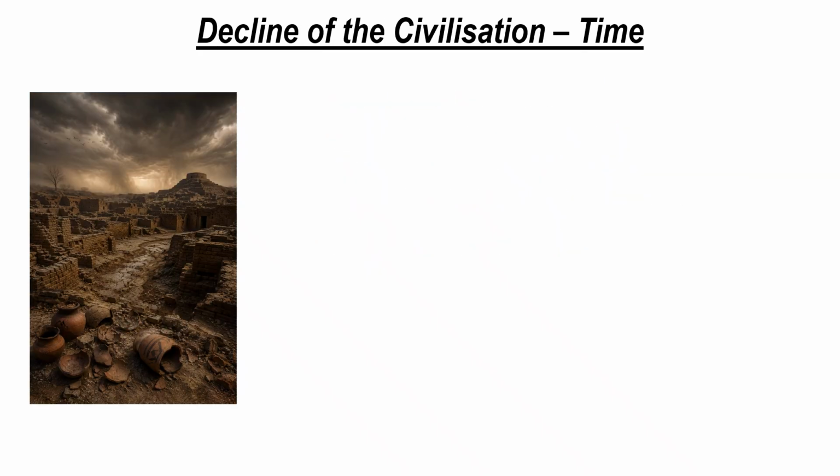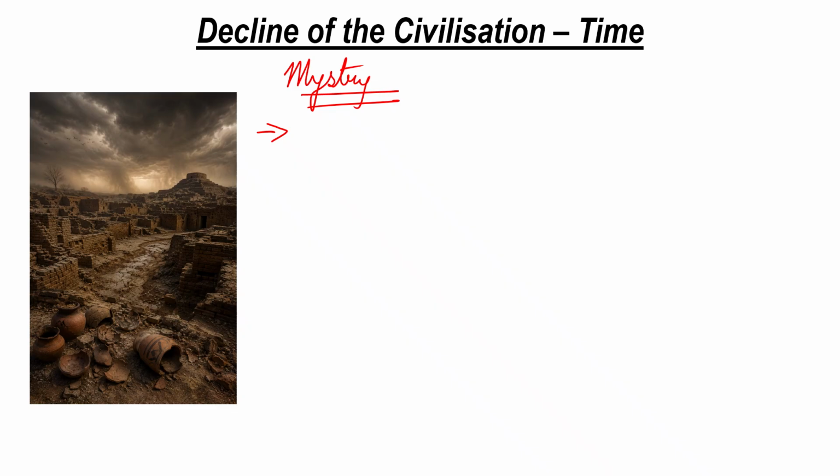Now we will see how such a great civilization declined. This is one of the greatest mysteries of Harappan civilization. No one can confirm why the civilization suddenly ceased to exist.